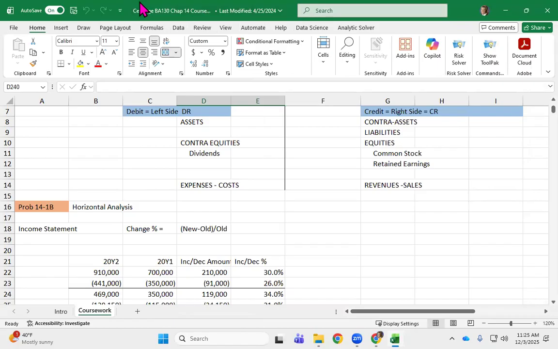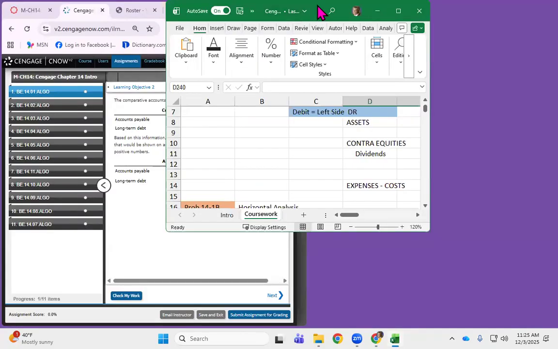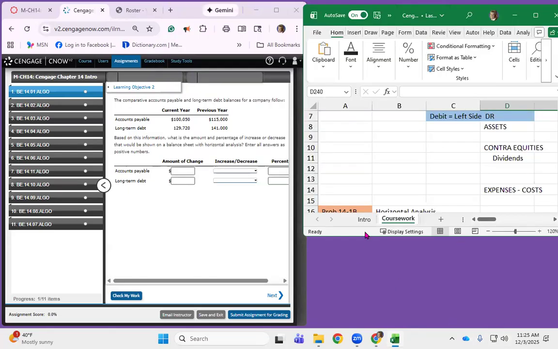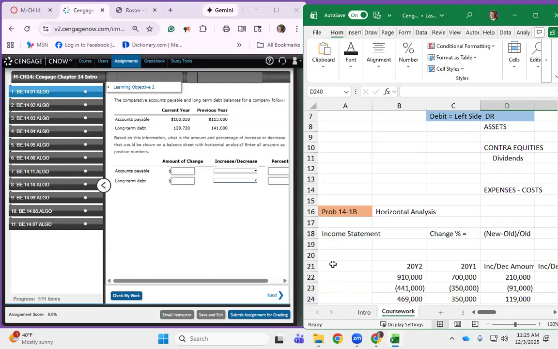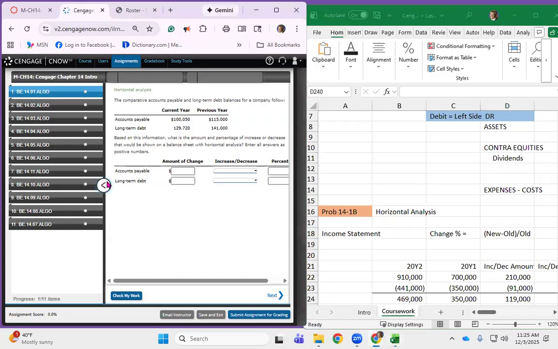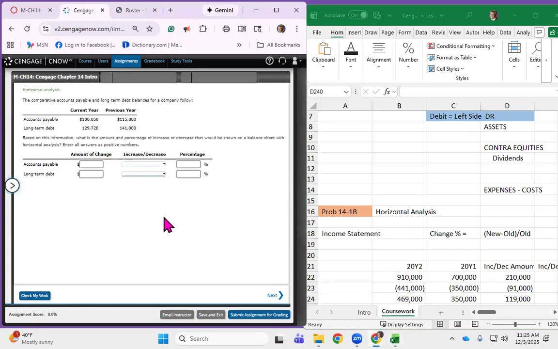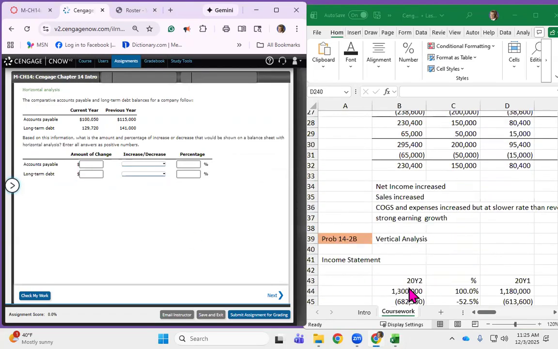The last two are the closing entries for a period of time, like a year, and also the post-closing trial balance. Once we have the financial statements created, they really don't tell us much unless we start comparing the numbers that we found to something.